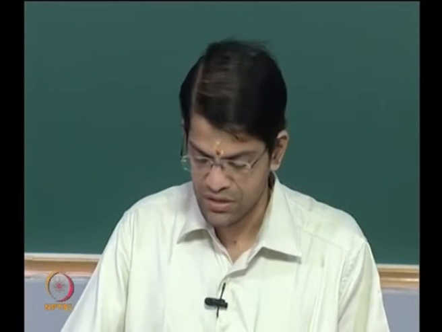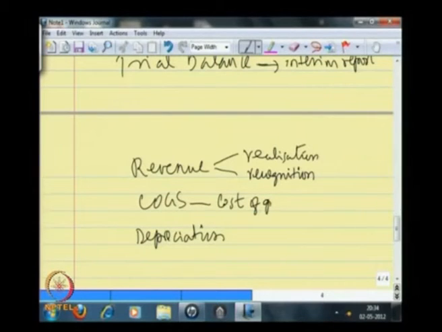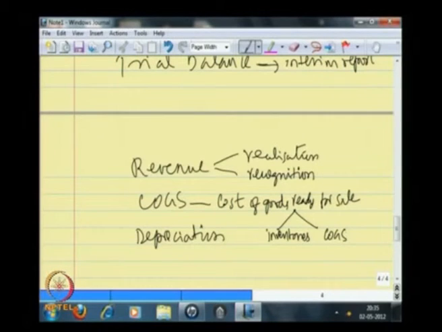The second thing is cost of goods sold. The cost of goods, at length, we discussed how the cost of goods ready for sale, after it gets sold, finds itself in two places: inventories and cost of goods sold. And what is the value of the cost of goods sold and what is the value of the inventory depends on what type of inventory recording method that you have adopted.